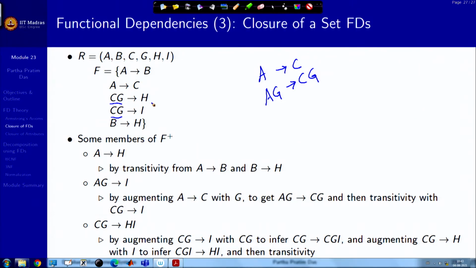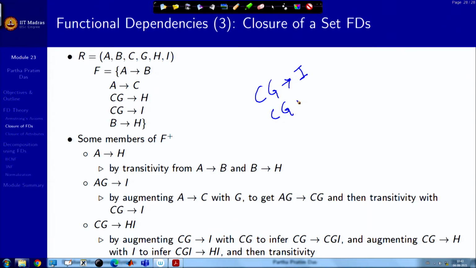And then you have CG determining I, so by transitivity you have AG determining I.